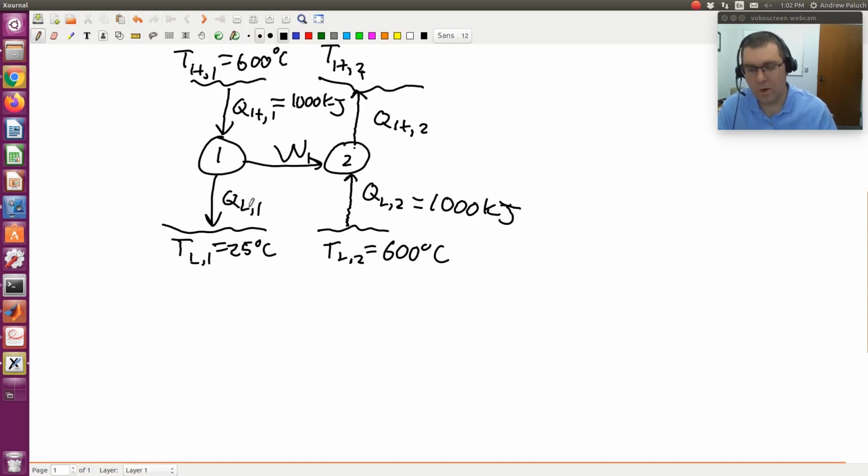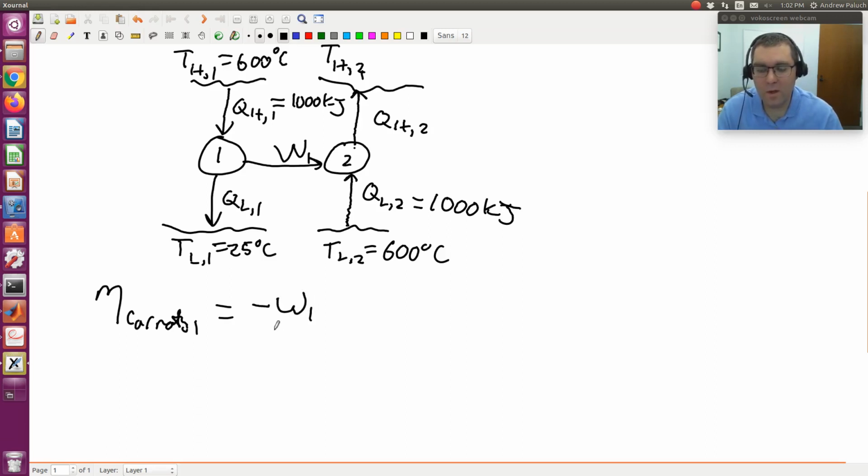What I do know, though, is I have my definition of efficiency. So my Carnot efficiency for cycle 1 is equal to my desired output, negative W1, divided by my required input, which is QH1.